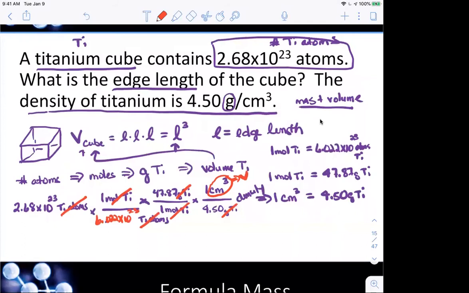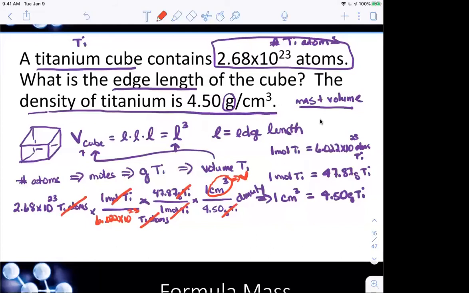I'm going to go 2.68 second EE 23 times 47.87, enter. Divided by Avogadro's number, which is 6.022 second EE 23, enter. That gives me 21.304.